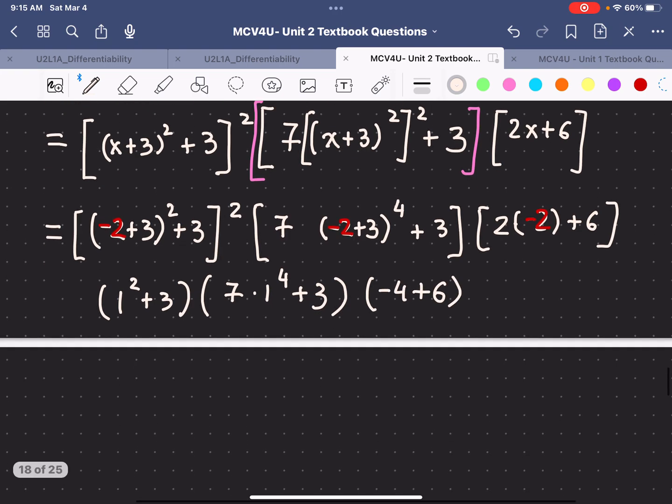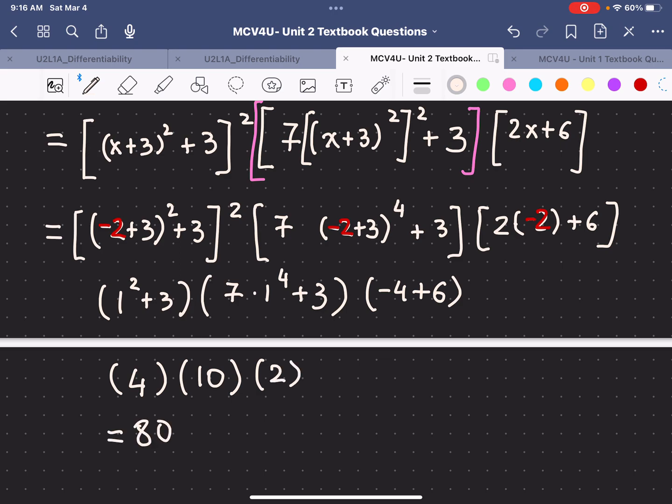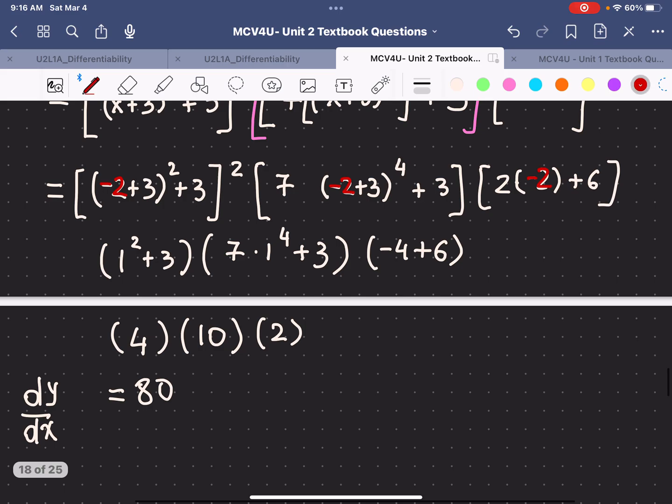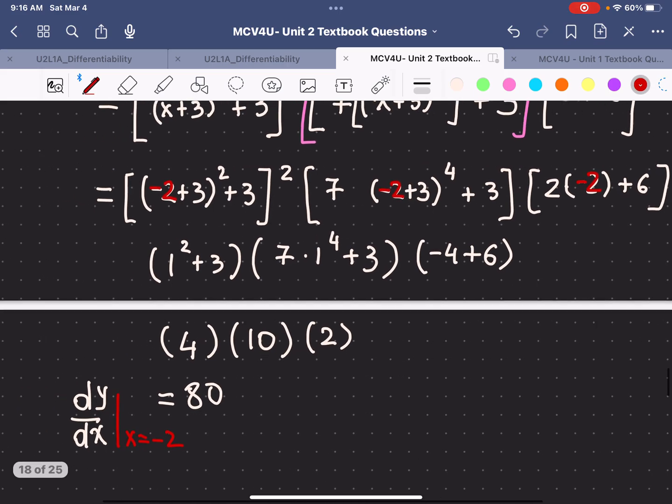So that will mean we have a 4. 7 plus 3, 10. Negative 4 plus 6 is 2. And 40 times 2 equals 80, which means the derivative of function y in terms of x, measured at x equals negative 2, would be equal to 80.